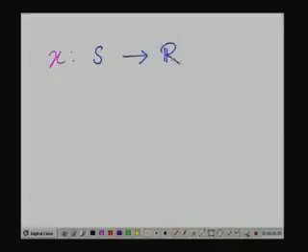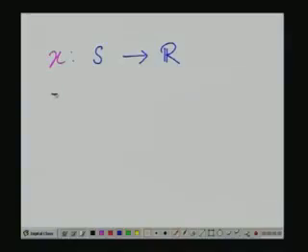Physically, it means x is a function which works on each element of S, that is, each experimental outcome of S. For each of these outcomes, this function picks up a value from R, the set of all real numbers. What is the domain here?